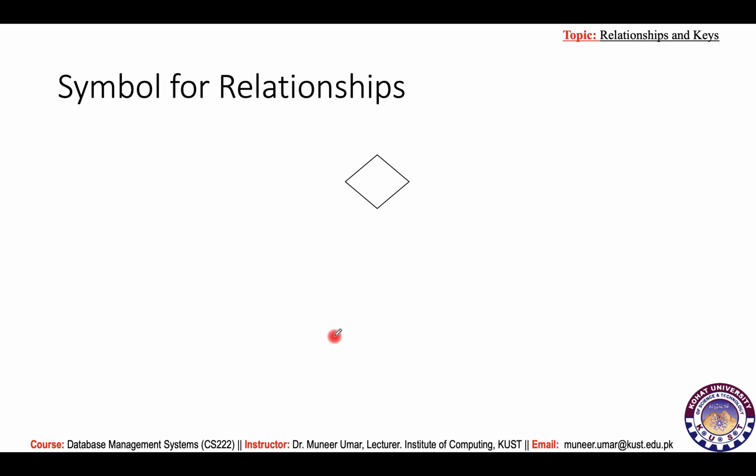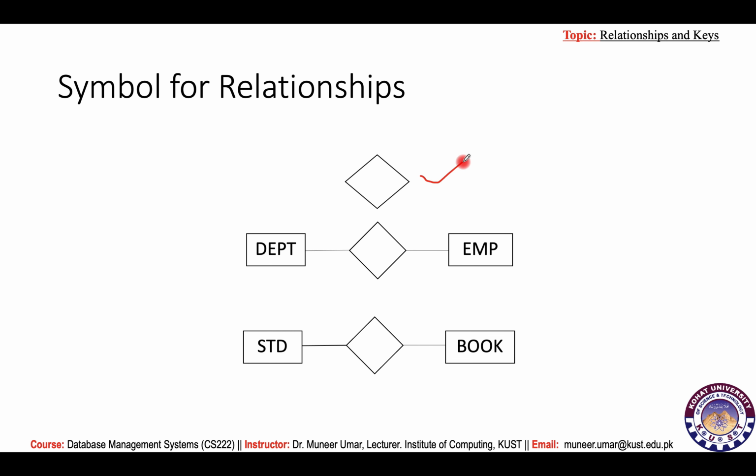The symbol used for relationships is a diamond symbol, and if we need to connect two entity types, then we use the diamond symbol in this way. Here, the department has a relationship with the employee entity type, and here the student has a relationship with book.